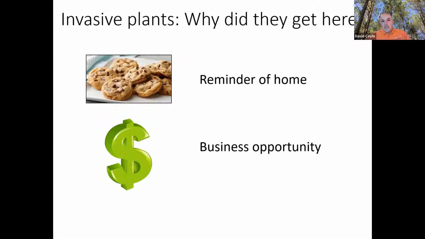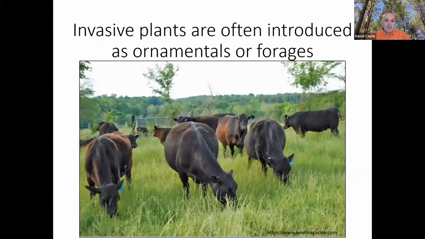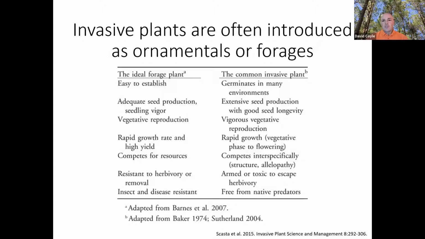Once these non-native plants get over here, there's a lot of issues because the horticultural plants have the same characteristics as invasive plants. Many were introduced as forages for cattle. Unfortunately, when you look at the characteristics of an ornamental grass and the characteristics of a forage, they're very, very similar.